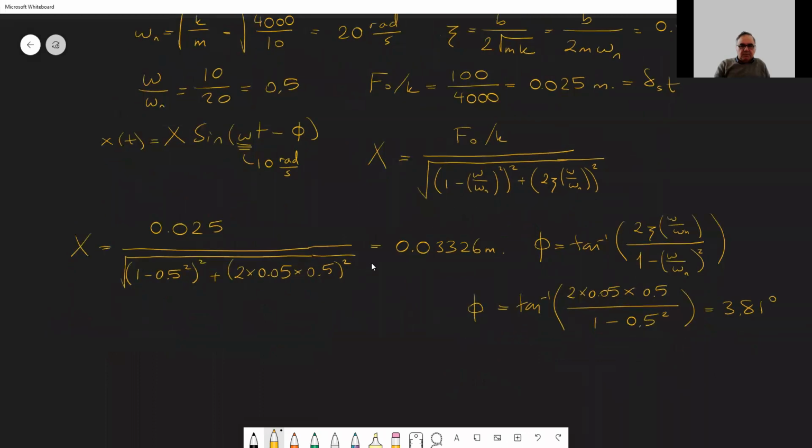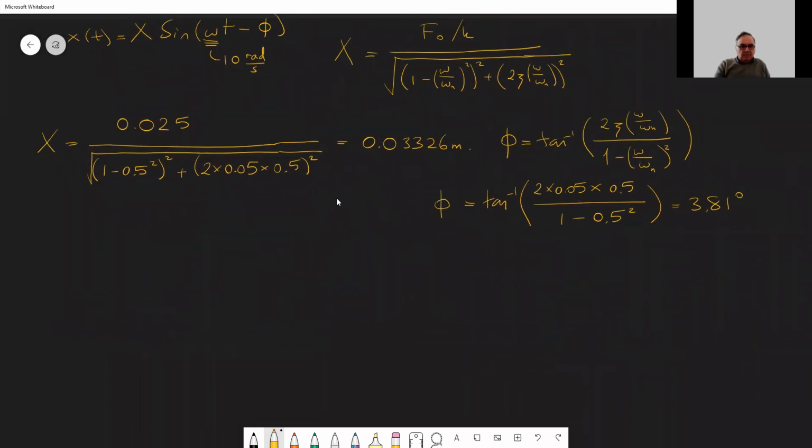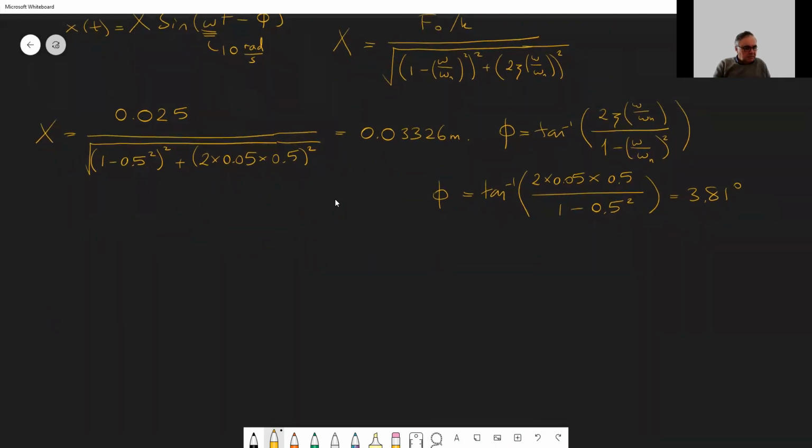So we found the result, 3.81, and the response x of t to this forcing is 0.0326 sine 10t minus 3.81 degrees, if you like, but you have to emphasize degrees.